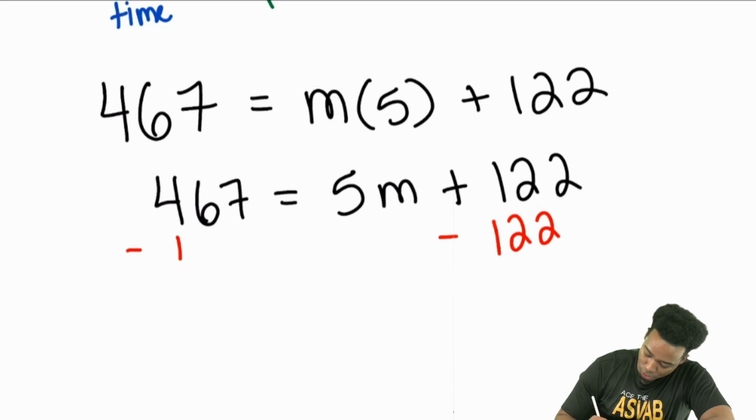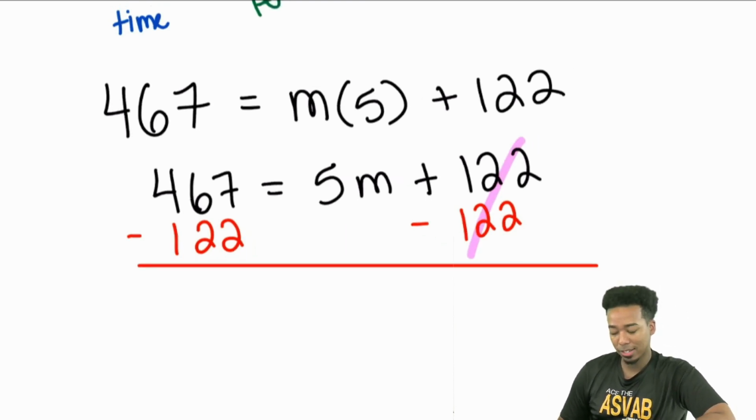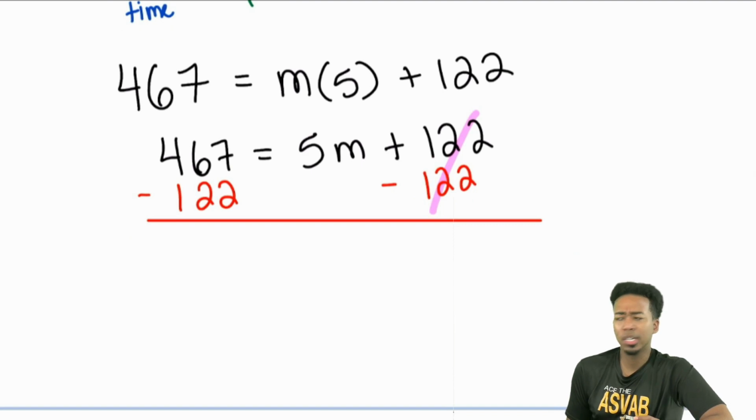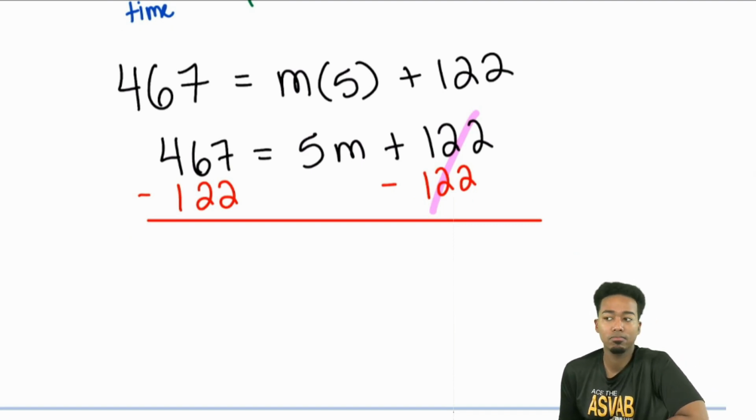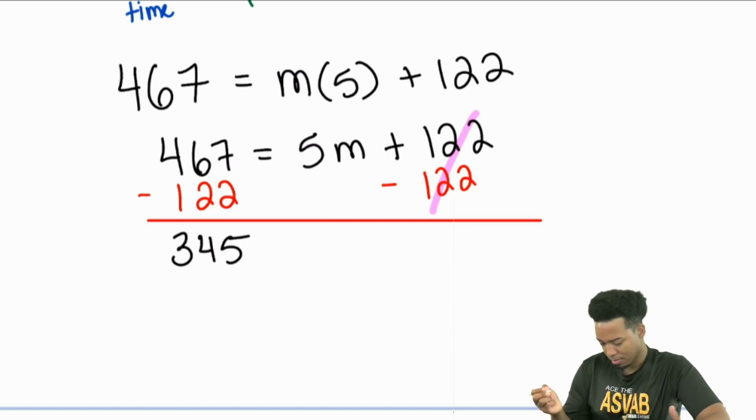And now I have an interesting piece of note here. For those of you that were asking me, hey, coach, could this be a distance, rate, time problem? Absolutely. Watch this. Once I do the subtraction here, I'm going to end up getting 345.